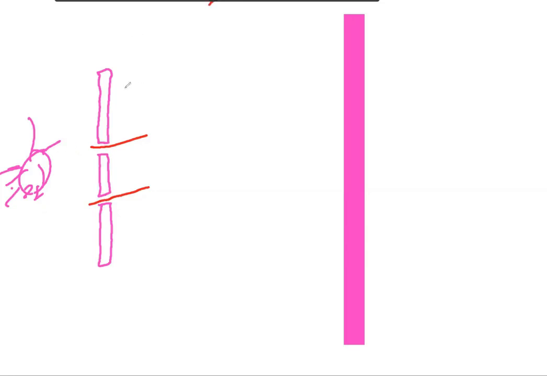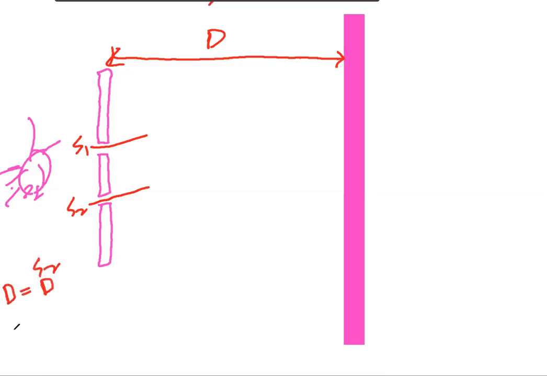Okay, so this distance is d, and let's say this is slit 1, this is slit 2. If slit 1 light covers distance d, and that distance is equal to slit 2 distance d, then you will get constructive interference.